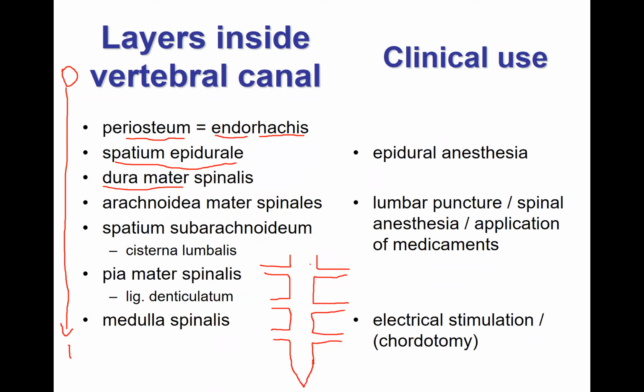So this we call the sac of dura mater. It then continues here into the opening. The opening, of course, we call intervertebral foramen. And the dura mater, as it's a cover, it fuses here with the covers of the nerves.